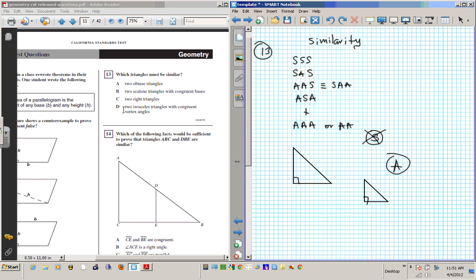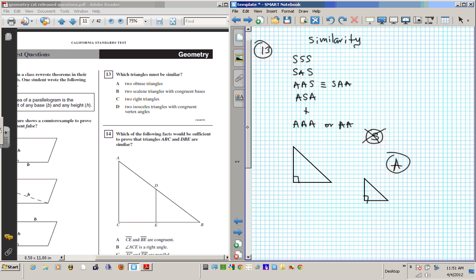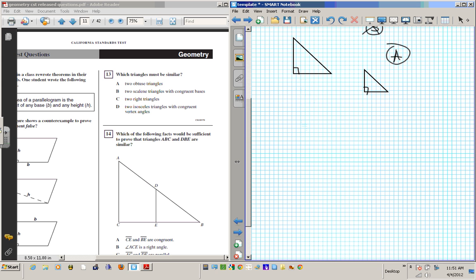How about D? Two isosceles triangles with congruent vertex angles. That looks interesting. What does that look like? We have two isosceles triangles. Let's say this is the first one, and this is the second one.